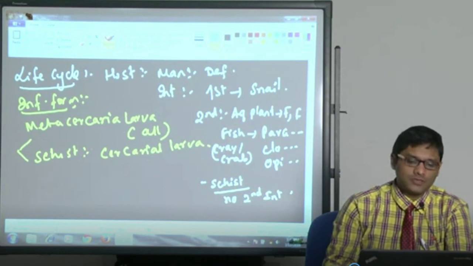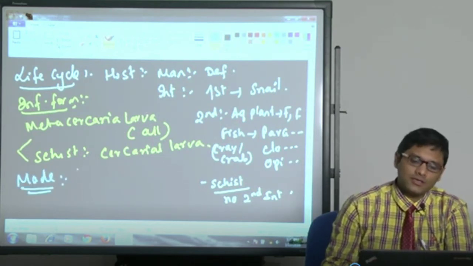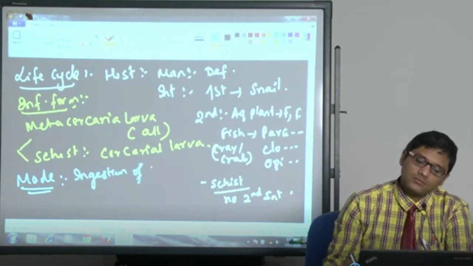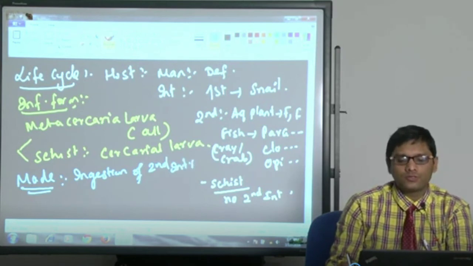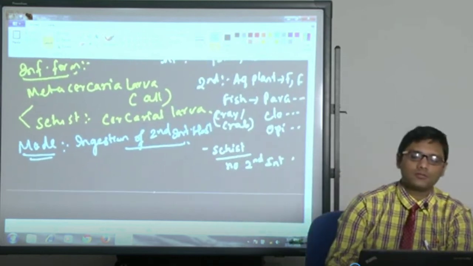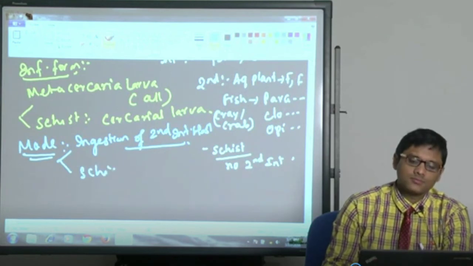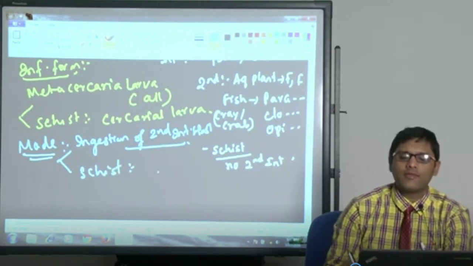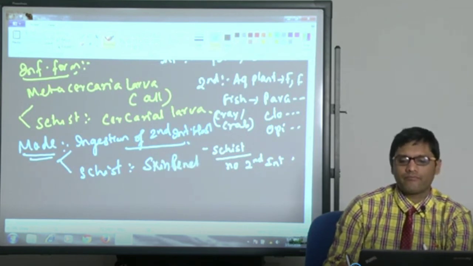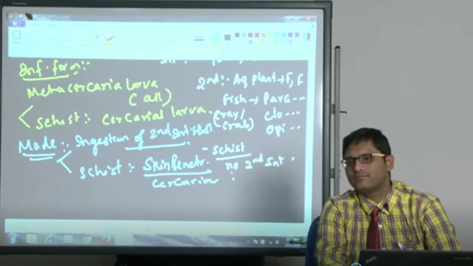Similarly, the mode of transmission: ingestion of the second intermediate host is the most common mode of transmission seen in most trematodes, except, which is the exception, schistosome. Here the mode of transmission is skin penetration by cercarial larva.